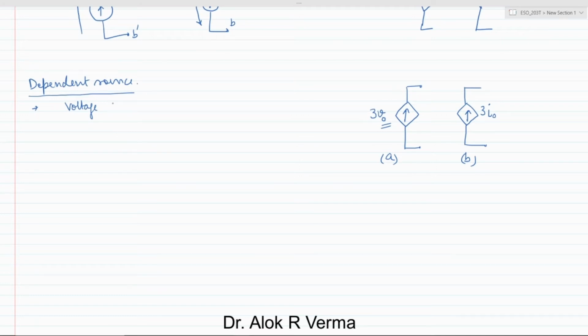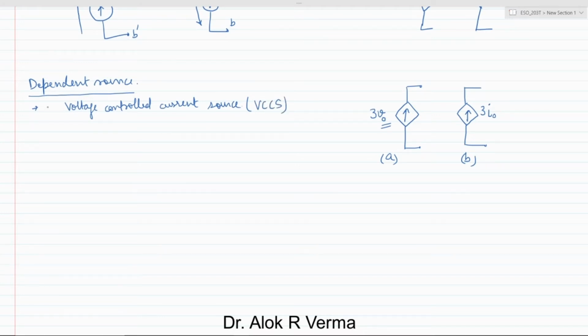So voltage controlled current source. In short, we can write it as voltage controlled current source.